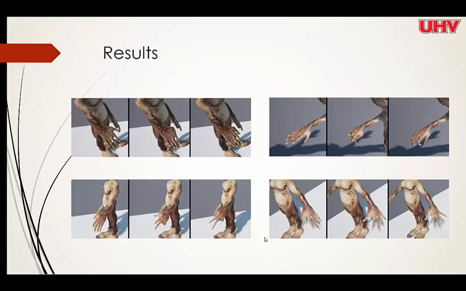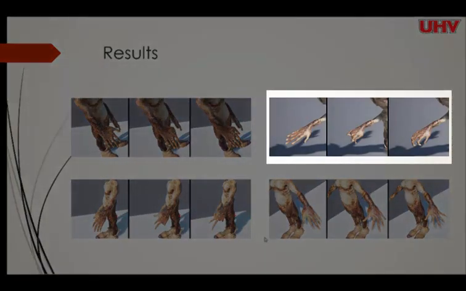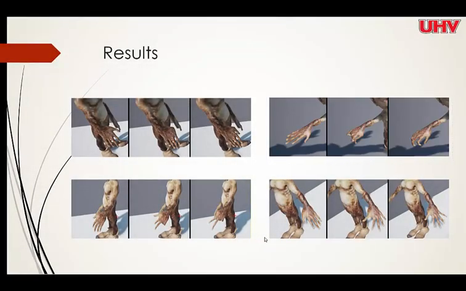The upper left image is basically just a relaxed hand in the idle pose. The upper right image this time is that grasp animation that we had, but this time on a T pose with no body animation coming in.